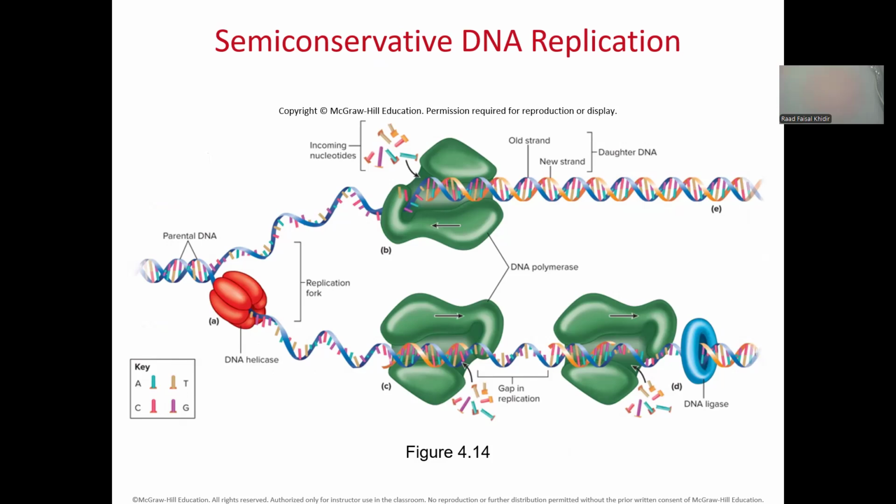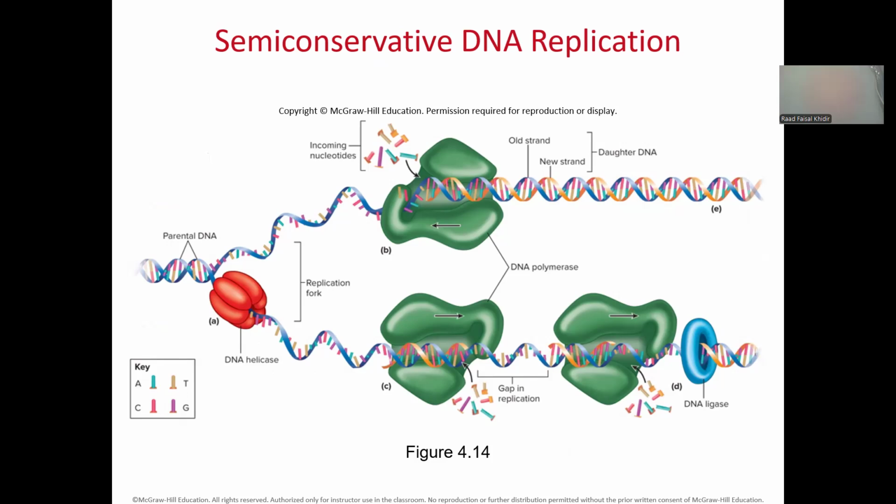So the DNA replication is semi-conservative and discontinuous. Discontinuous because, as you see here, some parts need the ligase, the glue. These are known as the Okazaki fragments, after the Japanese scientist who discovered them.